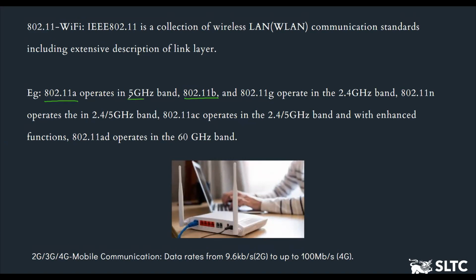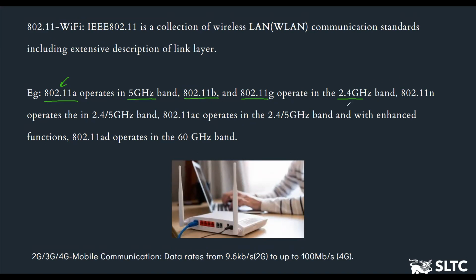If we are transmitting in the 5 gigahertz band, we can use this 802.11a standard, right? And then if we are using these standards, we can use 2.4 gigahertz, and also some other parameters we can define for this standard.